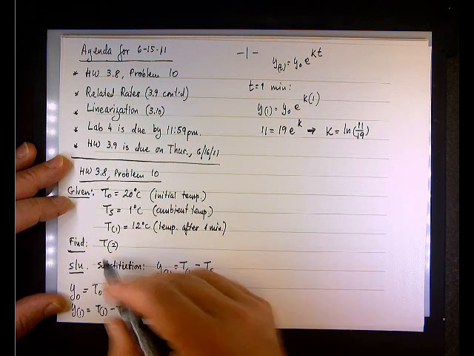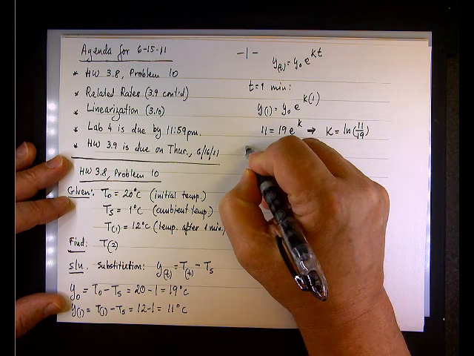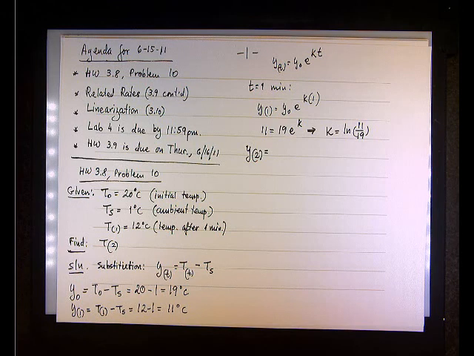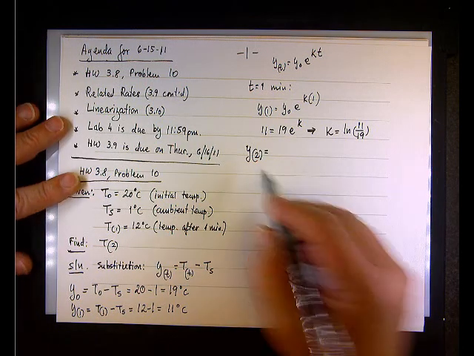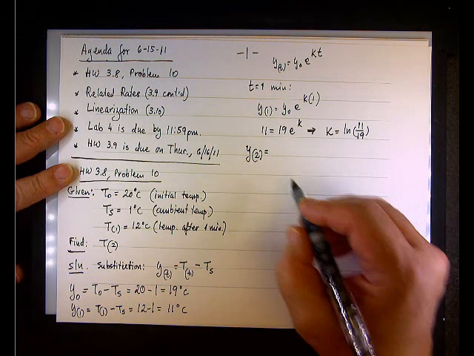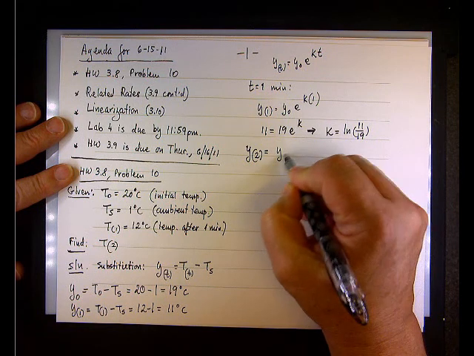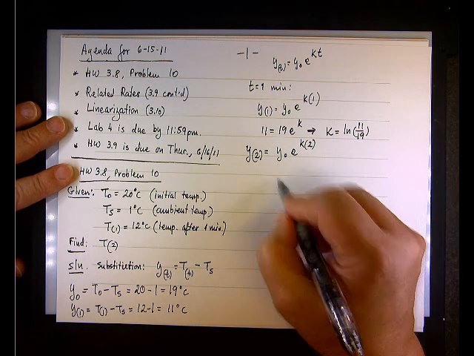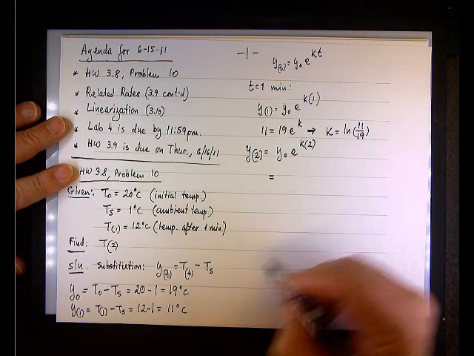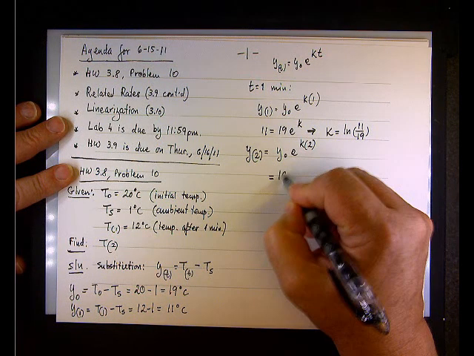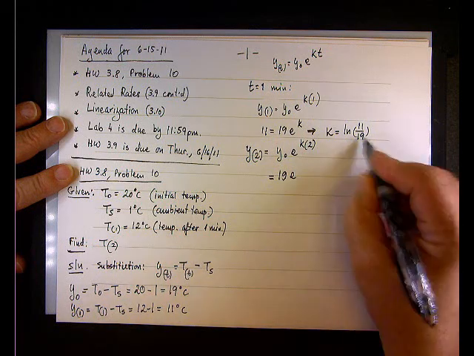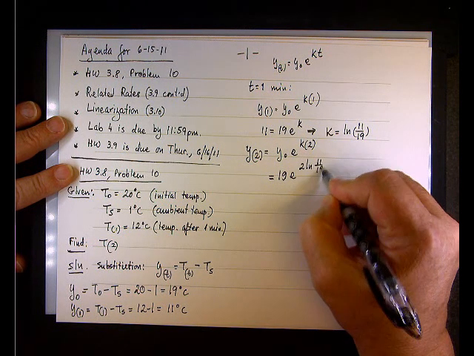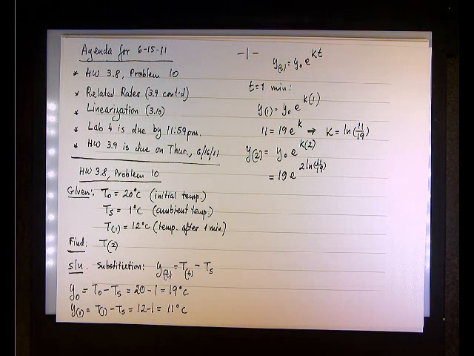So now we know what k is, and in order to find out what happened after 2 minutes, remember we are working on y, not on T. So y after 2 minutes will be y sub 0 e to the power of k times 2, which in our case would be translated to 19 e to the power of 2 times this thing.